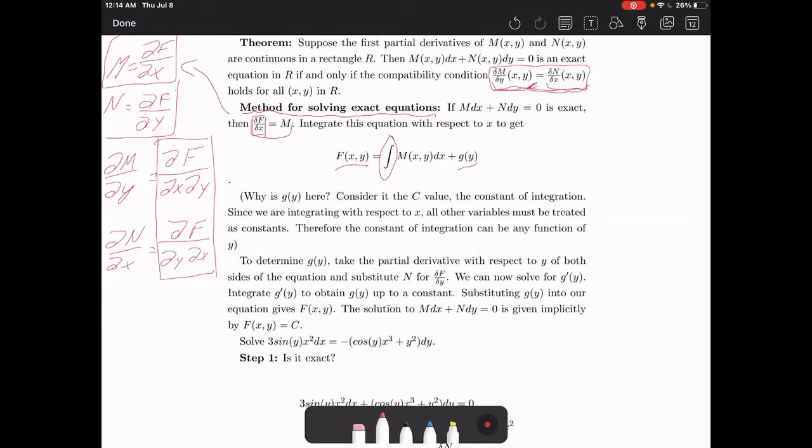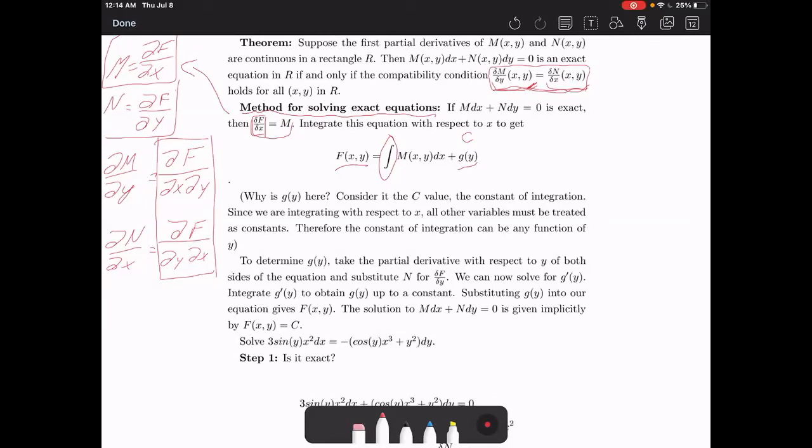Since this is a partial derivative and we're integrating with respect to x, this multivariable function, instead of just putting C here as a constant, we need to recognize that the only variable we're integrating with respect to is x. So all other variables need to be treated as constants.